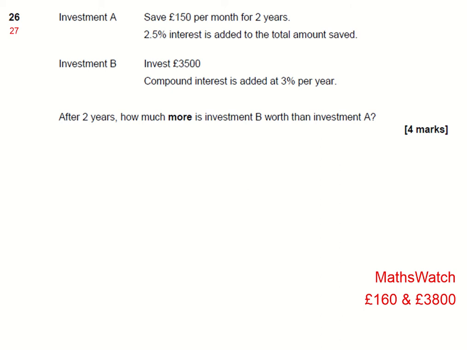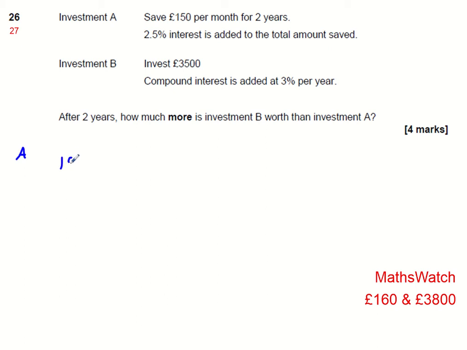Now for this question, I'm going to be using a multiplier method for increasing by these percentages. There are longer methods available if you wish to look them up, but I'm going for a multiplier. Starting with investment A, we're going to save £150 per month for 2 years. So first of all, let's work out how much money we save in 1 year.